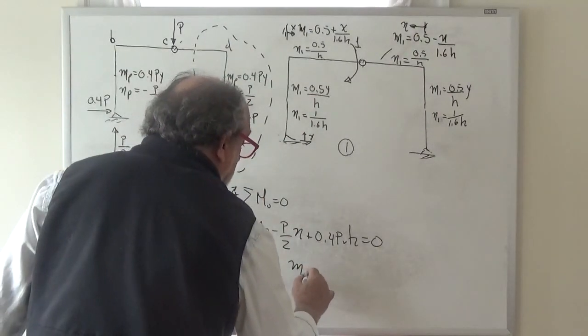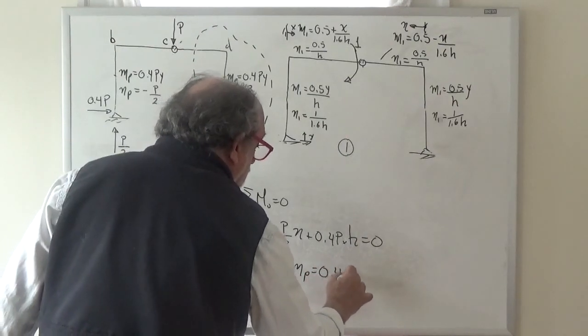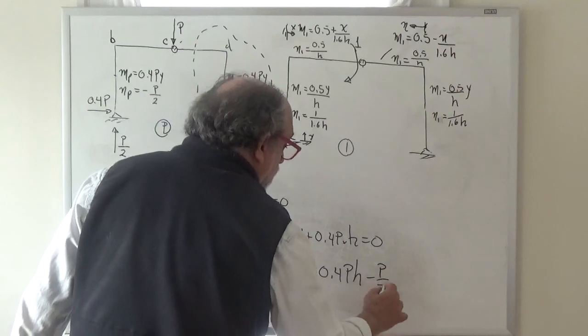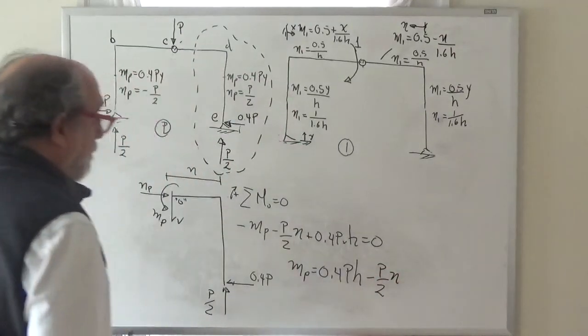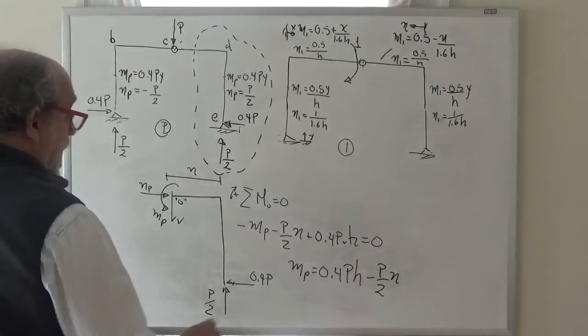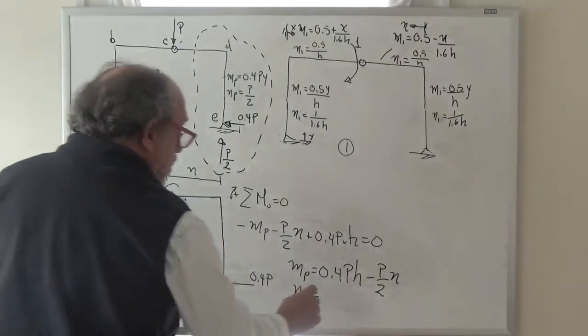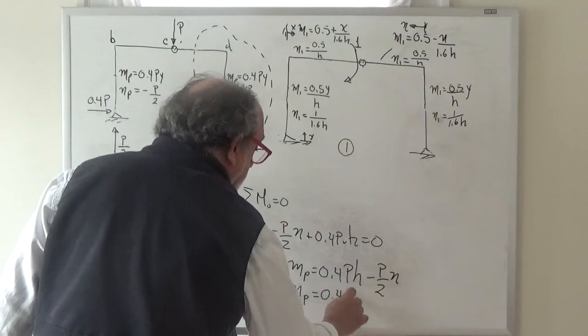Therefore, MP is equal to 0.4 PH minus P over 2 N. And then NP, summing horizontals, is equal to 0.4 P.